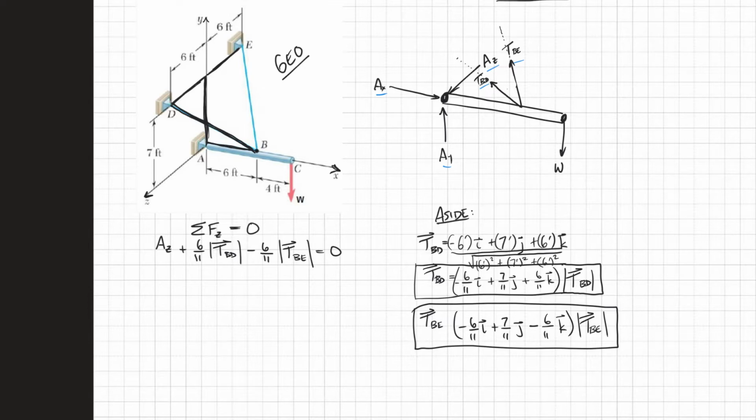Okay, now I will say that right off the bat, if you're using just kind of common sense, we could just note that TBD and TBE by symmetry are going to be equal. Okay, and if you did that, then you could say right off the bat that AZ is going to end up being 0.